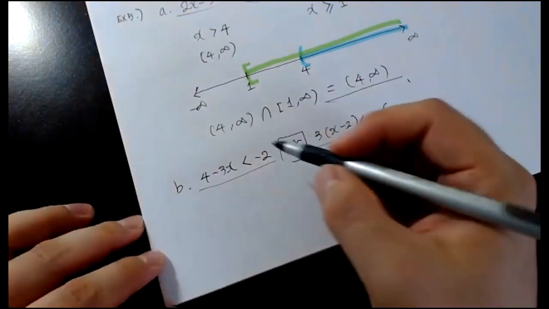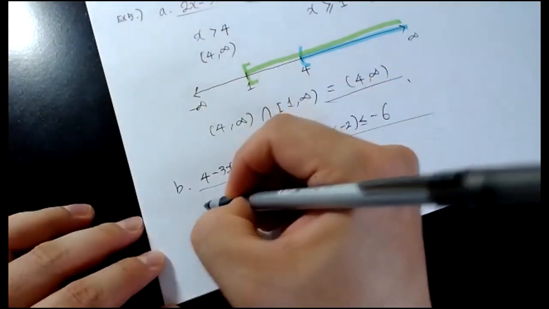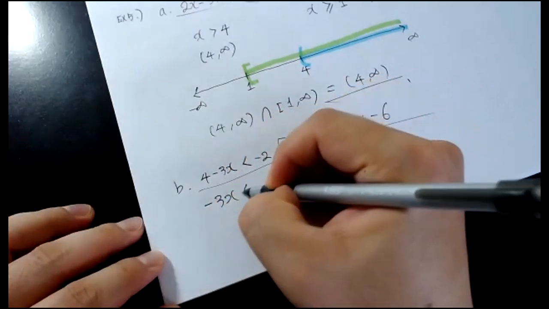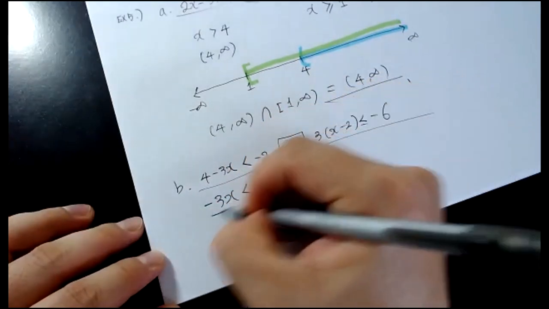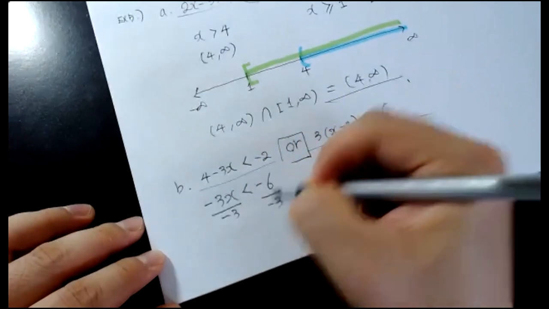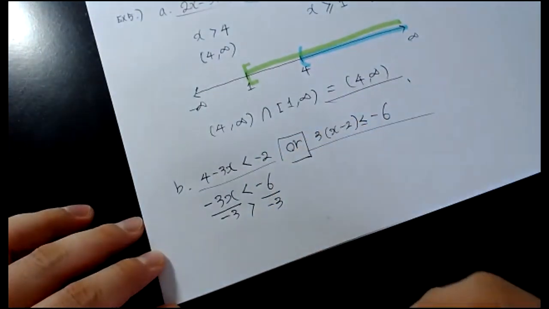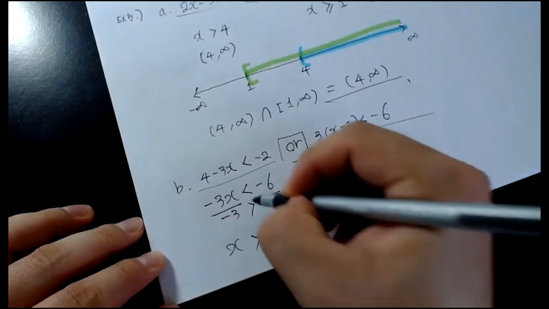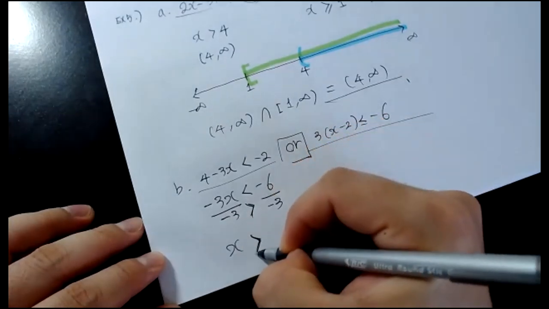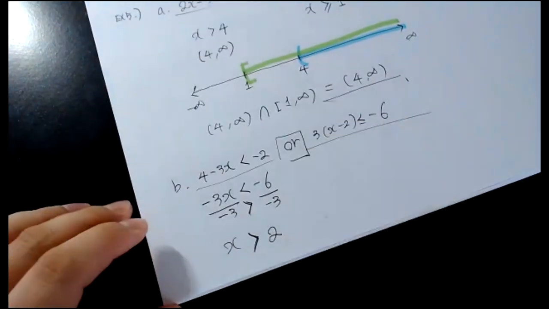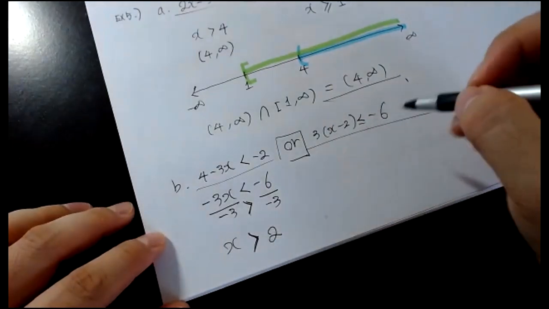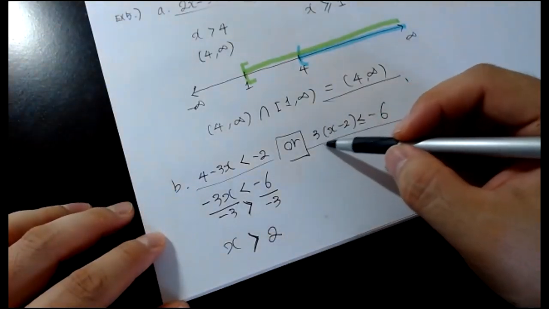So we subtract 4, and we get negative 3x is less than negative 6, then divide by negative 3, the inequality is reversed, so x is greater than 2. And for this one, we divide by 3.